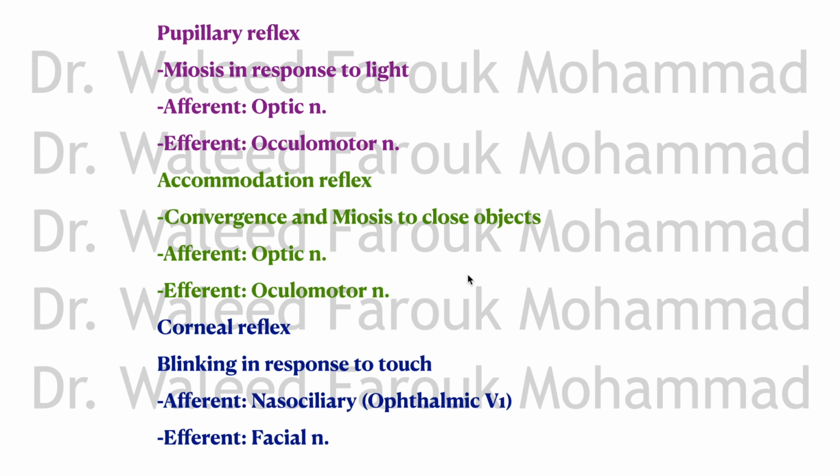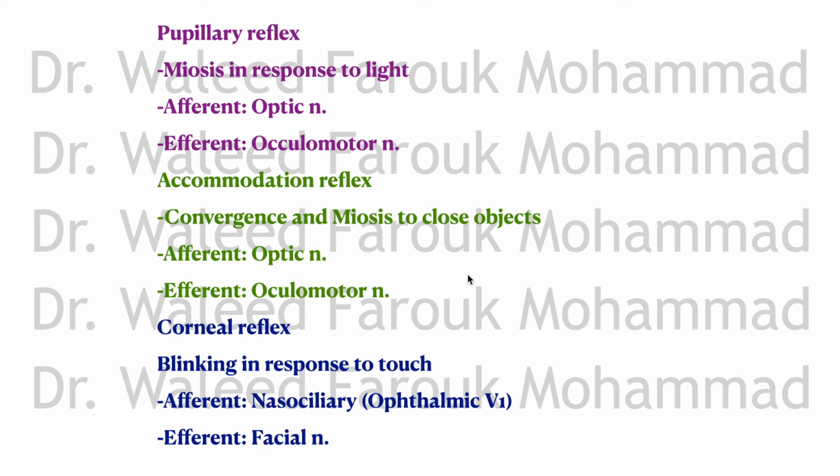The accommodation reflex is a combination of the pupillary reflex, because when you're looking at the close object, the amount of light radiating from that object is increased, and you need to do a meiosis, so that's a pupillary reflex, plus both eyes converge to the object, means both medial recti contract at the same time.